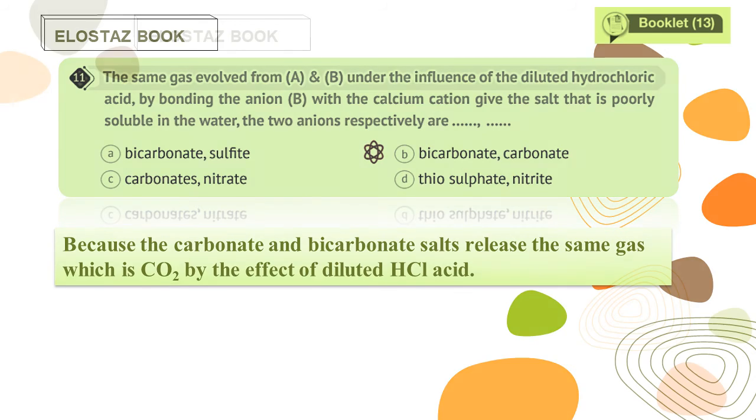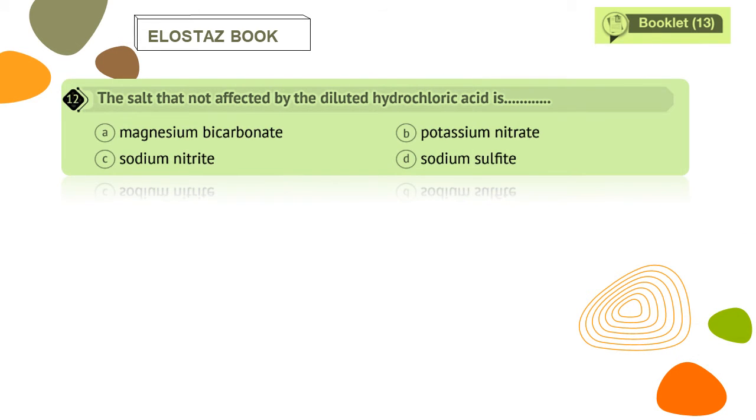Let's go to question 12. Question 12 says, the salts that are not affected by diluted hydrochloric acid, as we discussed before. If we want no effect, we want a salt coming from a strong acid anion.